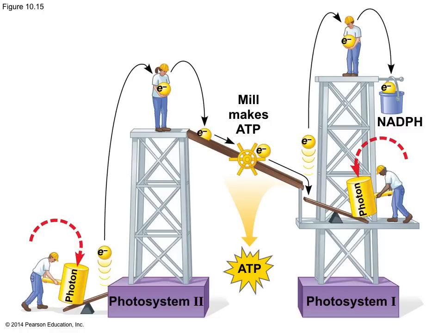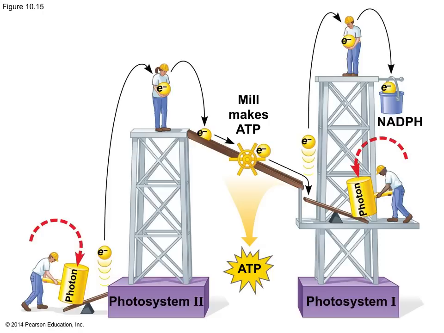And so this diagram allows you to see the flow of electrons in another way. You take a photon, the photon energizes the electron, and so the electron jumps up, and then electron transport chain 1 uses the energy in those electrons to create a high hydrogen concentration gradient, a proton gradient inside the thylakoid, and eventually makes ATP.